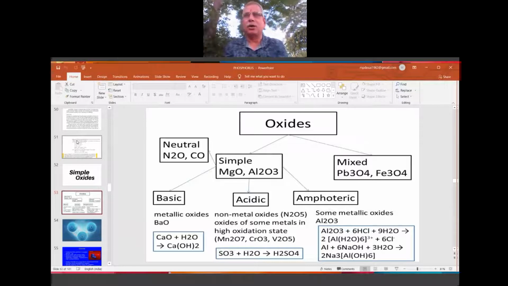This is done on the basis of the oxidation number of oxygen. In normal oxides, simple oxides, oxygen is -2, whereas in peroxides it is -1, and in superoxides it is -1/2. All those comes under classification on the oxidation number basis. So on different grounds we classify oxides.